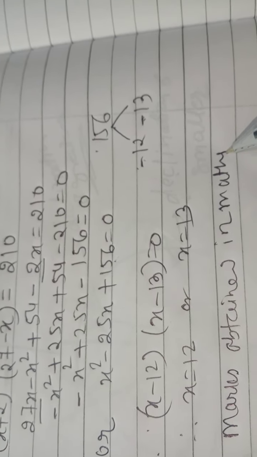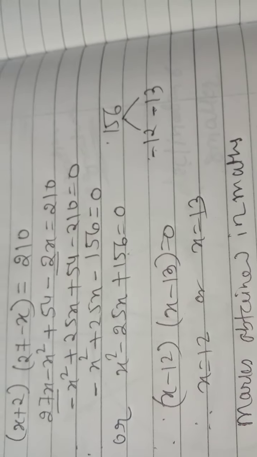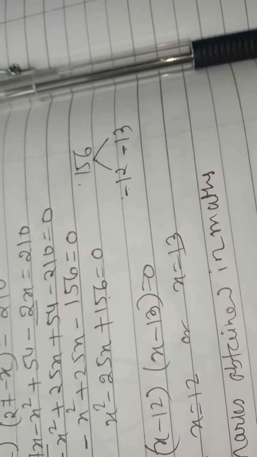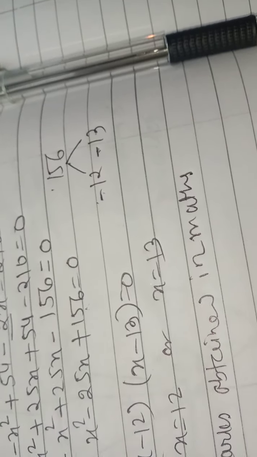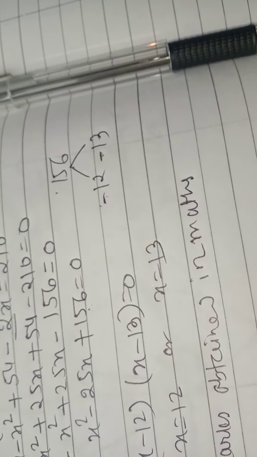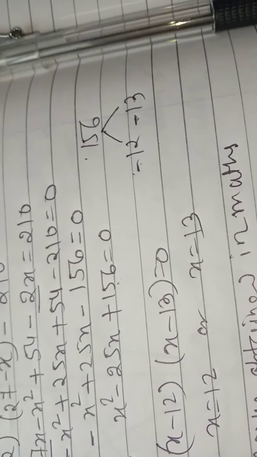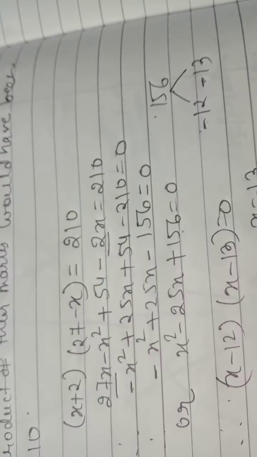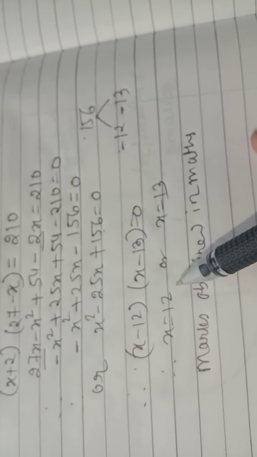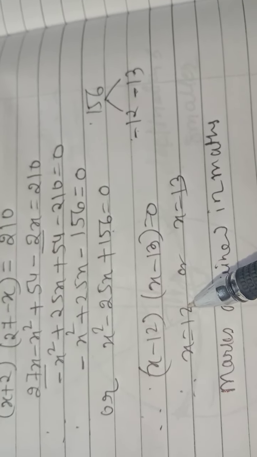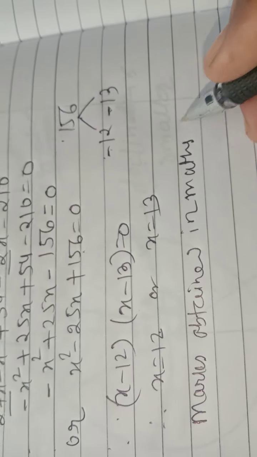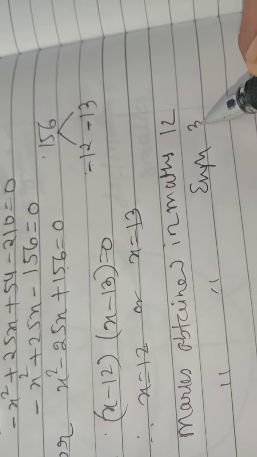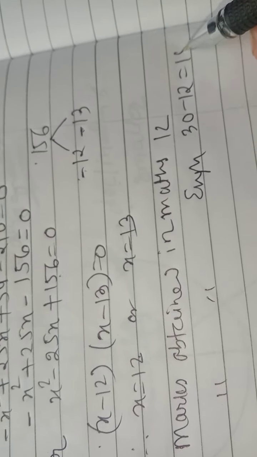So in maths, what will we get now? Just wait for a moment. We have to get the original value. Clear? That is the marks obtained in maths. If we are getting 12, so marks obtained in English is 30 minus 12 is equal to 18.